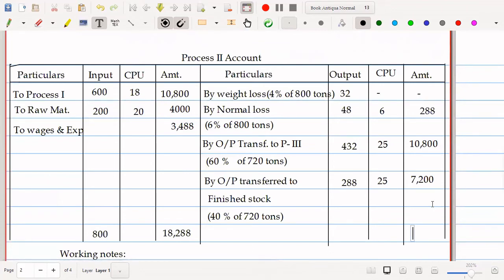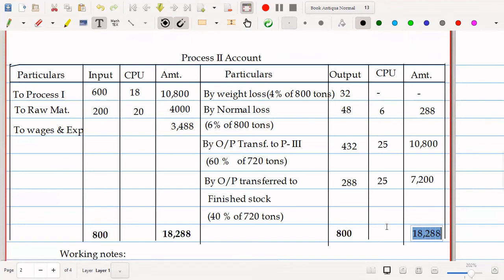It comes to 18,288. You can see here in both the columns, the answers have tallied. 800, 800, 18,288. So this is how we prepare process 2 account.